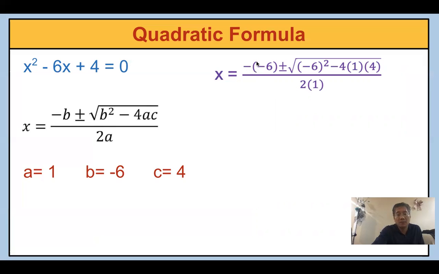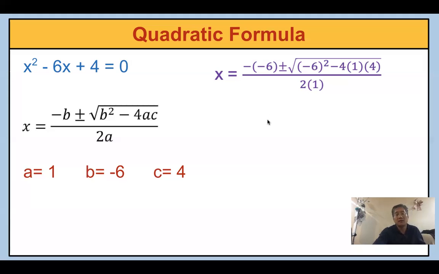So negative, negative 6, because negative B. Many times I see many students miss this negative because B has a negative. B is negative 6, and plus minus the square root of negative 6, please use parentheses, squared, minus 4 times 1 times 4, over 2 times 1.